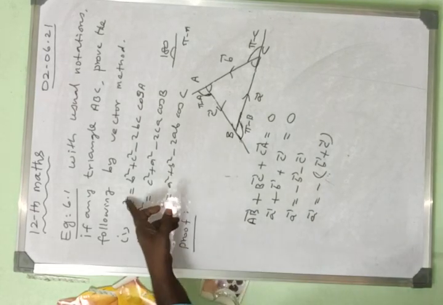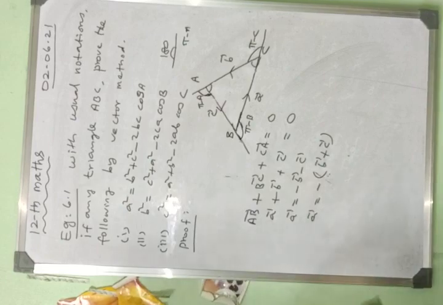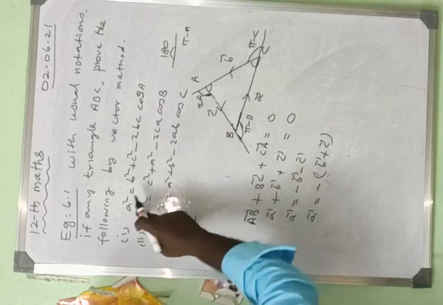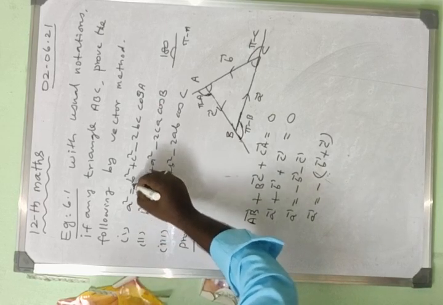Next, we want the square. A square means squaring on both sides. The proof we want is A square equal to B square.